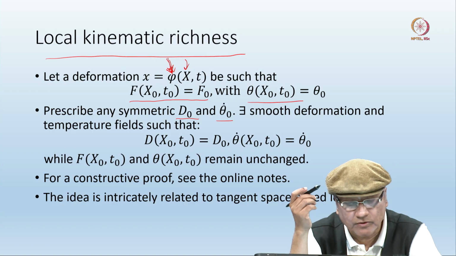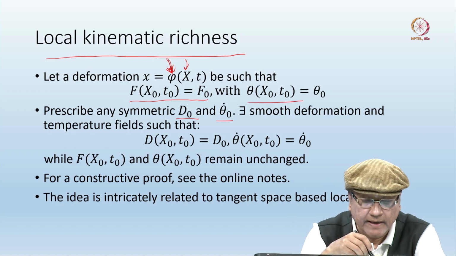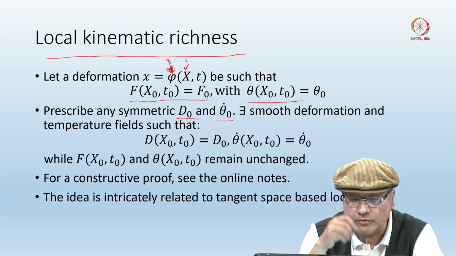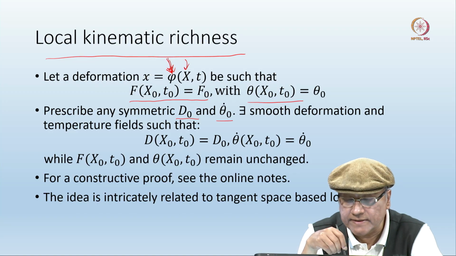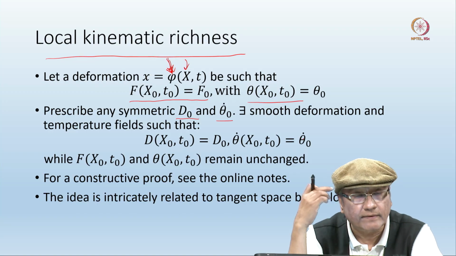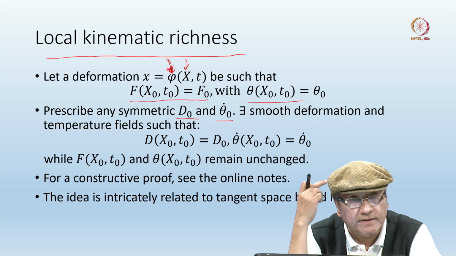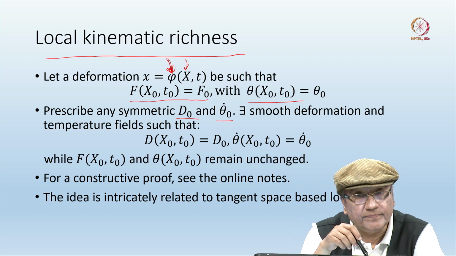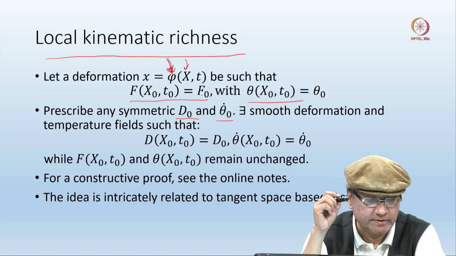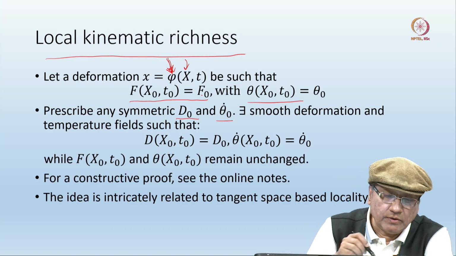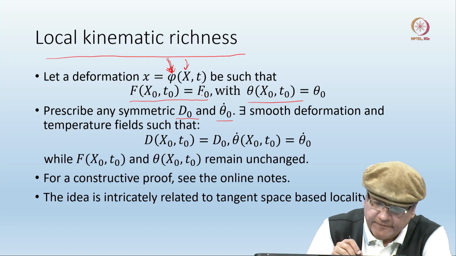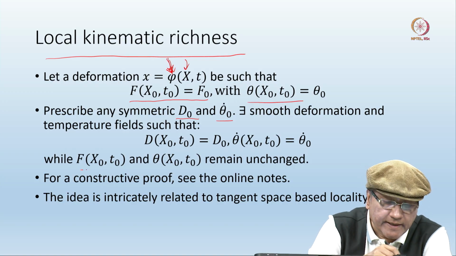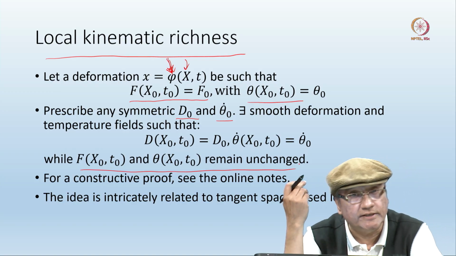So d at X0, t0 will be d0, and theta dot at X0, t0 will be theta 0 dot. They are locally independently specifiable, independent of f0 and theta 0. While I specify d0 and theta 0 dot, f0 and theta 0 remain unchanged.